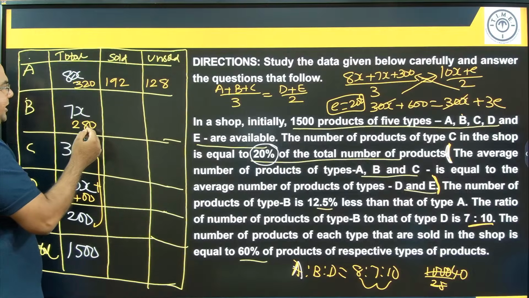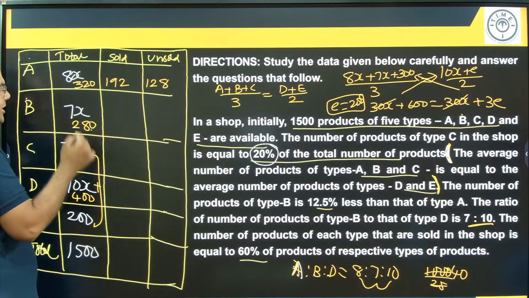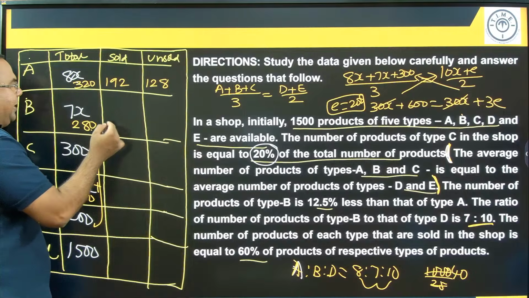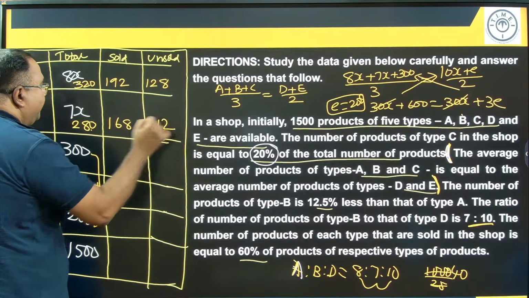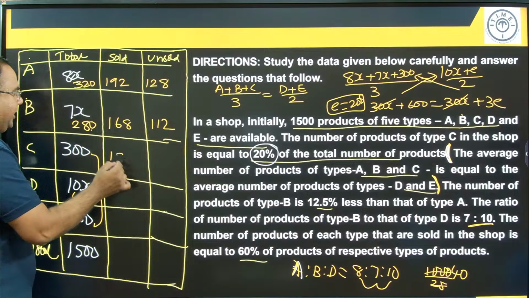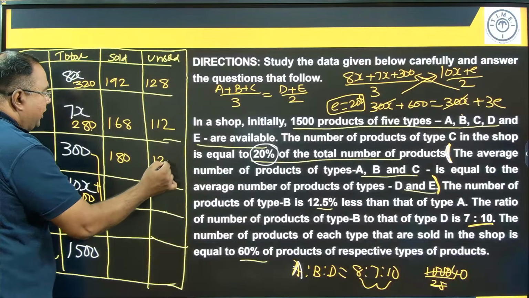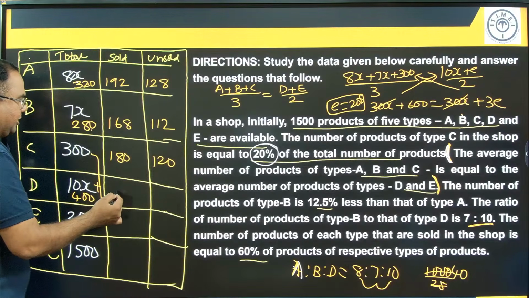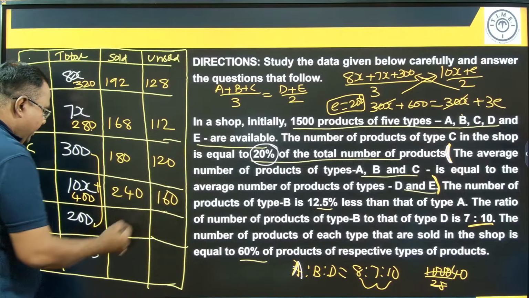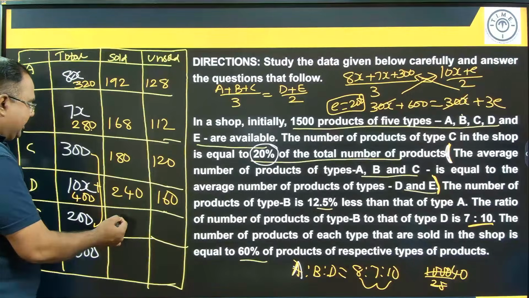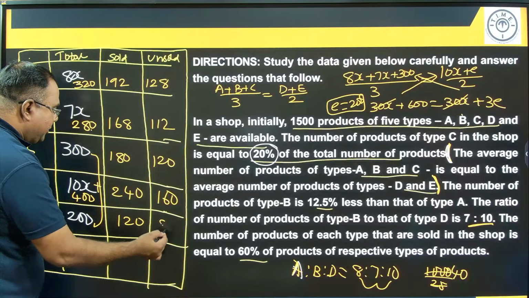Fine. 280, 60%. 10% 28, 60% into 6 times, 168. So unsold 112. C is 300, sold 180, 300 minus 180 unsold are 120. 400, 60% are sold, 240. So unsold has to be 160. 200, this is how much? 60% means 120. This has to be 80.